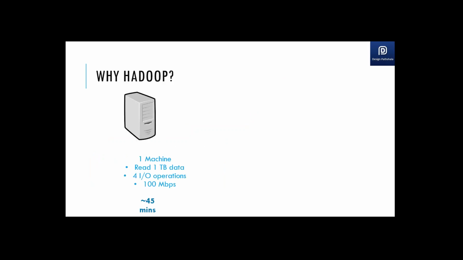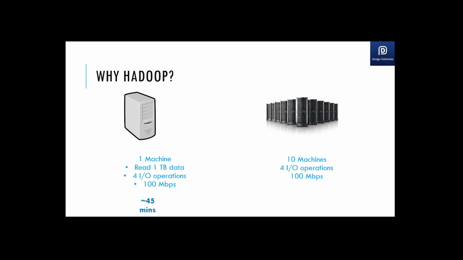If I distribute this 1 terabyte of data across 10 machines, each machine has approximately 100 GB of the data, 1024 divided by 10. Each machine has the same configuration, that is 4 IO channels on the hard disk, with 100 MBps as the speed of each IO.